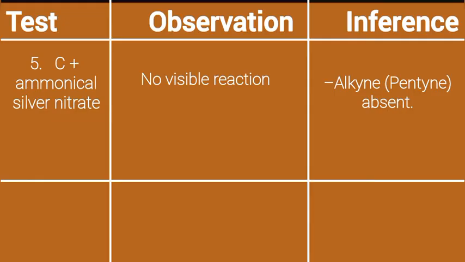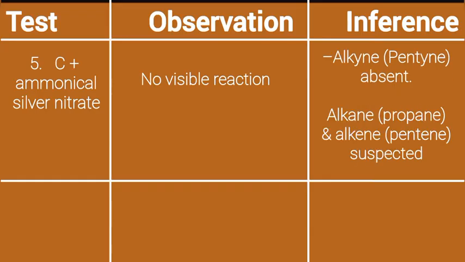Pentyne is not liquid C. Hence, we are left with alkane, which is propane, and the possibility of liquid C being an alkene, which is pentene. So under the inference, we have alkane, which is propane, and alkene, which is pentene, suspected.